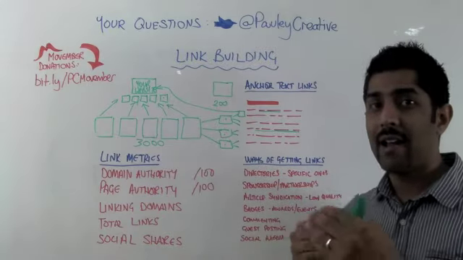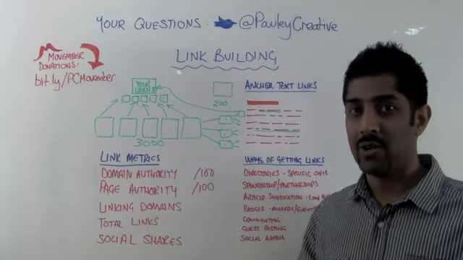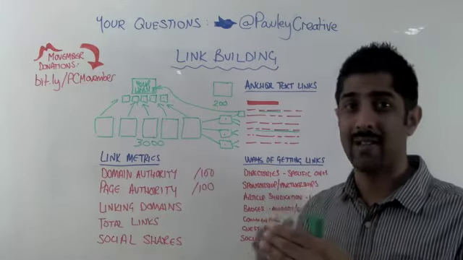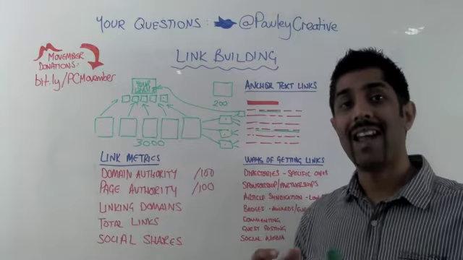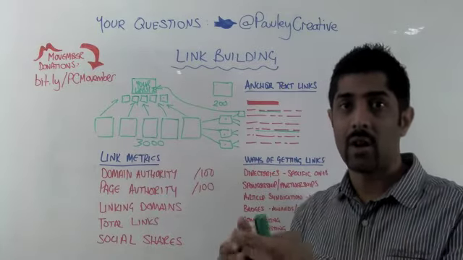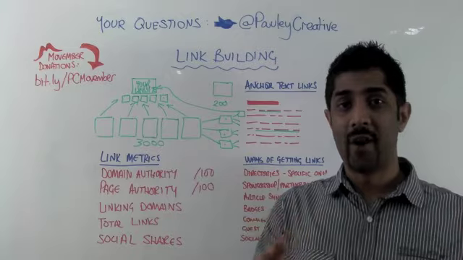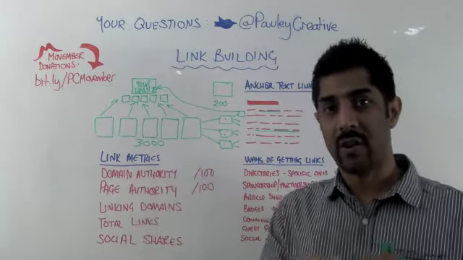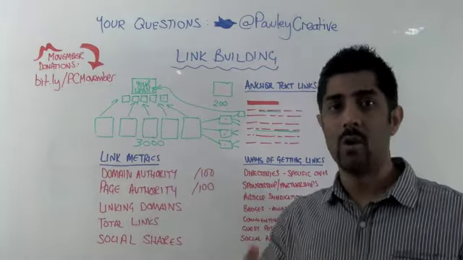If you can get a link from the Guardian website to yours, you know, the authority score of Guardian is massive, it's really high. So again, this is where trying to take the time and getting the content onto Guardian is better than focusing on 4 weeks of trying to build yourself 500 links from low quality, low domain authority type websites.